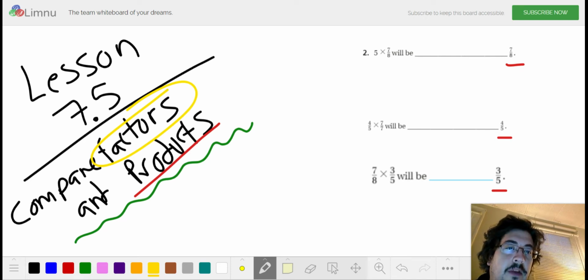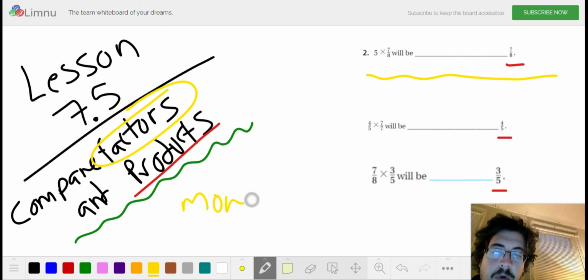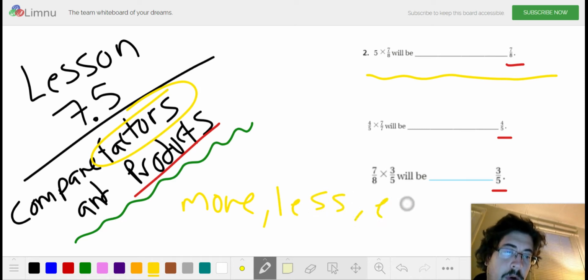So if we look at this first example up here, whole number 5 multiplied by 7/8, we need to figure out whether or not our answer is going to be more, less, or equal to 7/8.